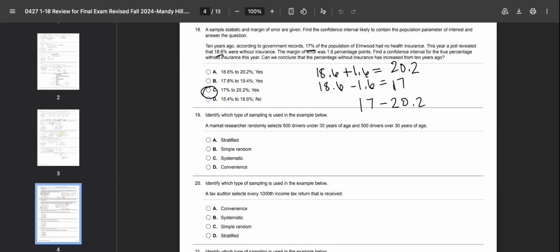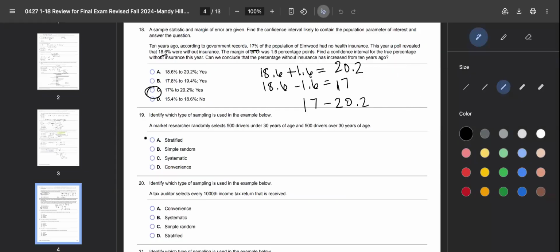And when that happens, they're dividing the sample into two groups, and they're trying to make sure that their sample has appropriate representation of both. That one is going to be stratified. That is going to be stratified.